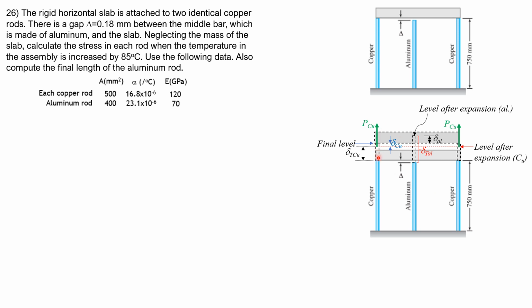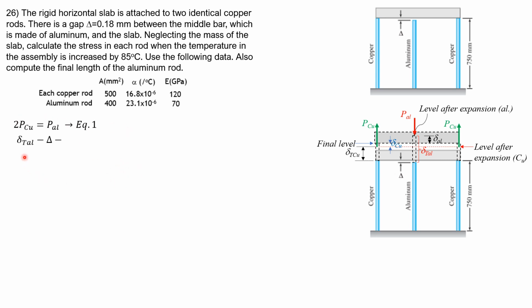Because the copper wires will experience tension, this aluminum bar will experience compression. So by statics, P aluminum equals 2 times P of copper wires. That's by statics.